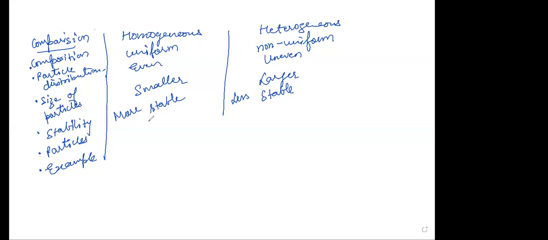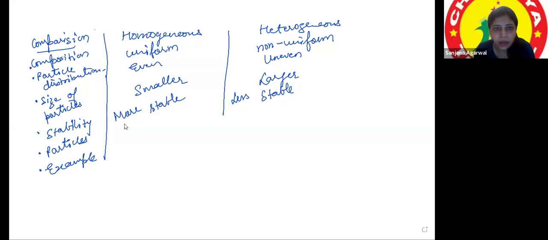Particles are not visible in a homogeneous mixture, due to its uniform composition, and in a heterogeneous mixture they are mostly visible.